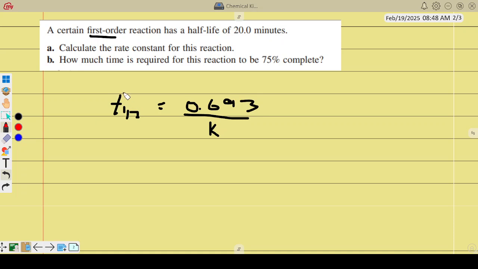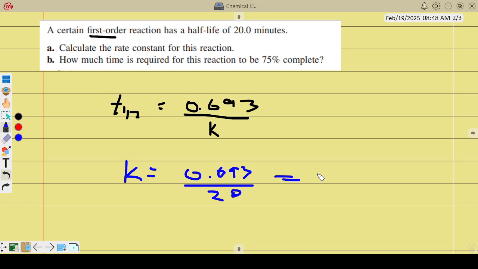So we have been given the half-life, it's 20 minutes. So we can make k the subject of the formula, and then we'll proceed to finding. So this is 0.693 over 20 minutes. What is 0.693 divided by 20?